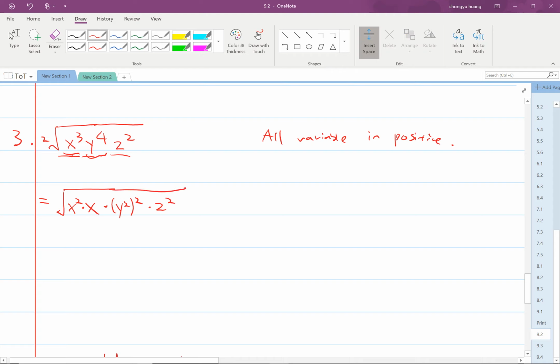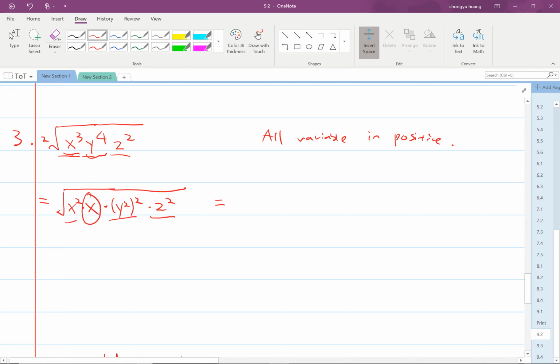So as you can see, we have x squared, y to the power 2 squared, and then z to the power 2, right?